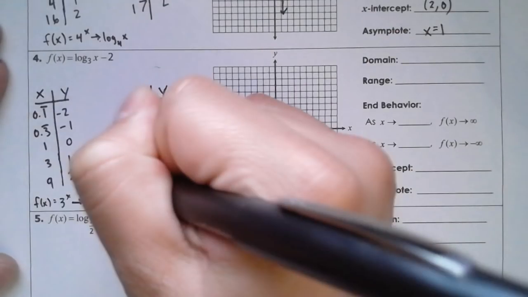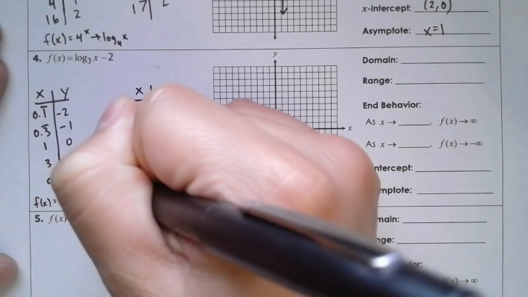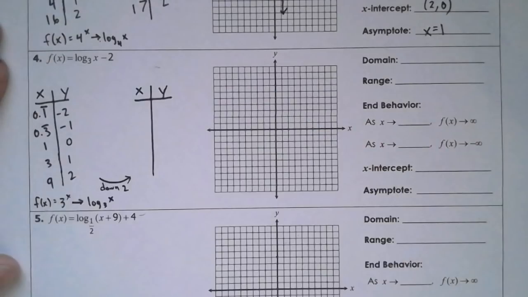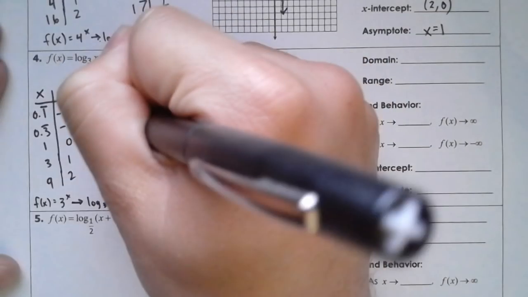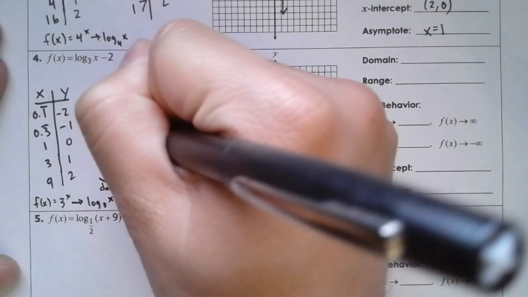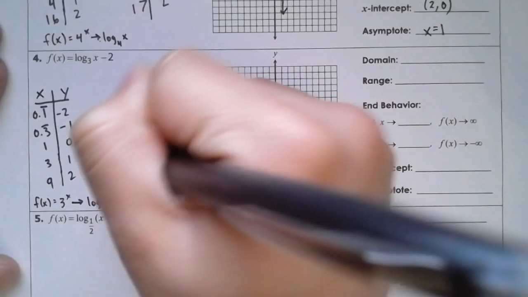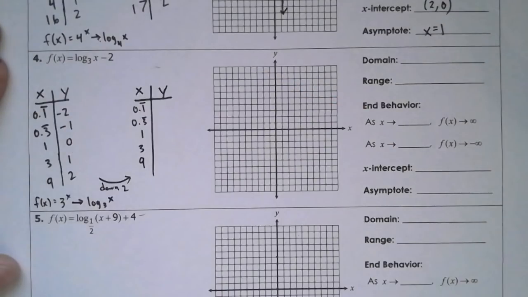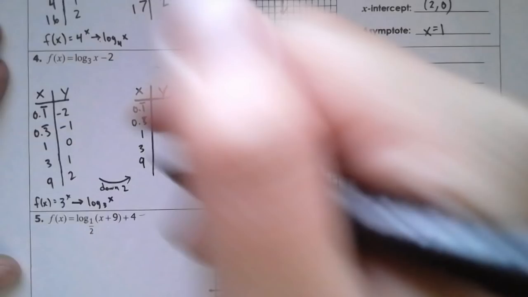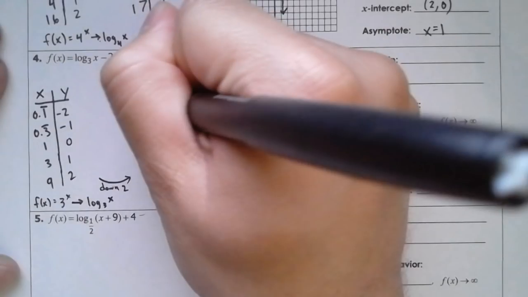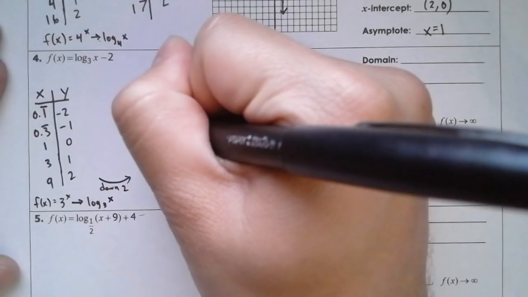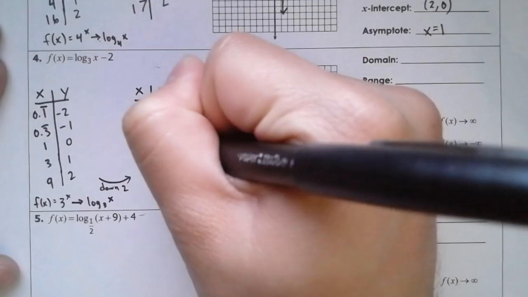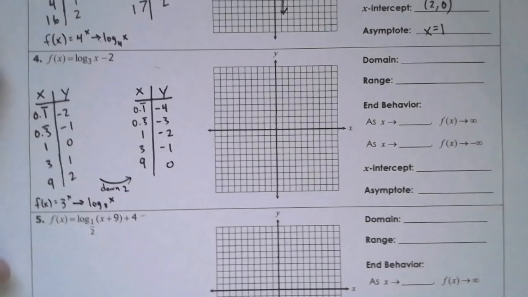So then my x's do not change: 0.1, 0.3, 1, 3, and 9. Again, because it's not a horizontal change, it's only a vertical change. So I have -4, subtract 2, -3, -2, -1, and 0. These are the points that you're going to plot.